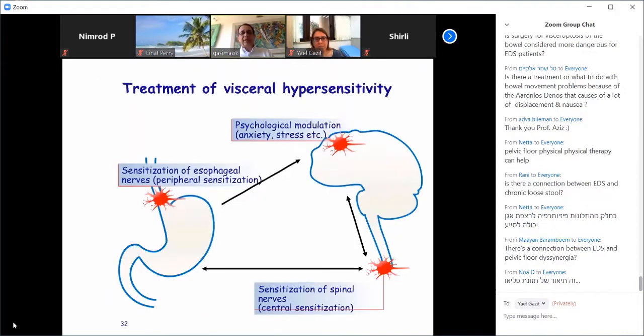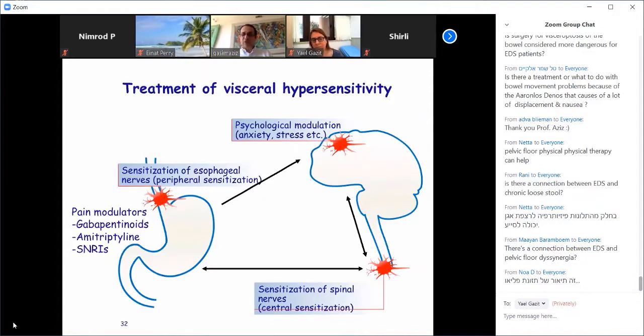The treatment for pain where the nerves are very sensitive are what we call pain modulators: gabapentin, pregabalin, amitriptyline. SNRIs are also antidepressants like duloxetine, etc. So these are all medicines that reduce the sensitivity of the nerves in the gut and will help to reduce the pain.